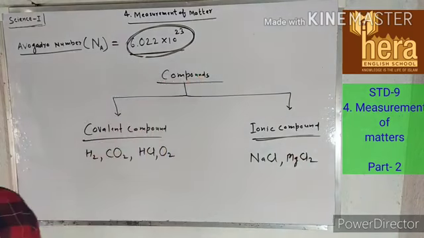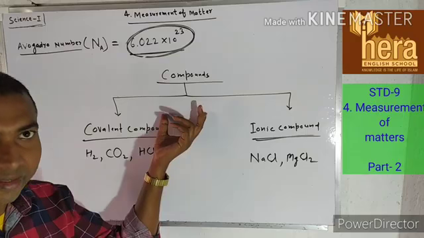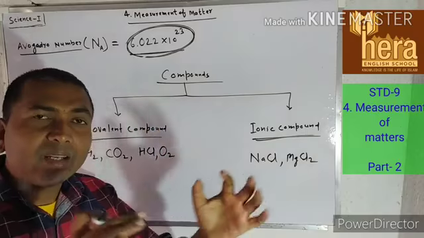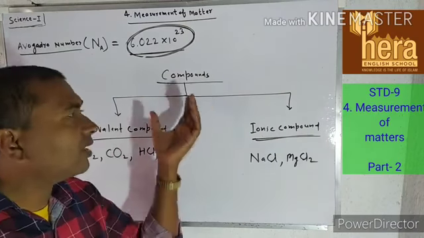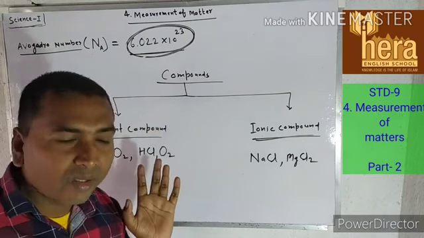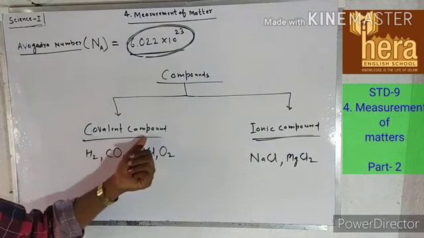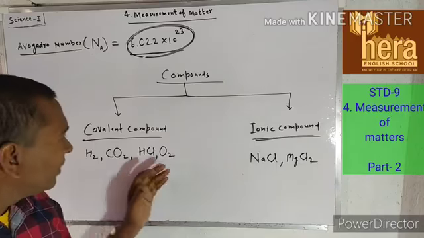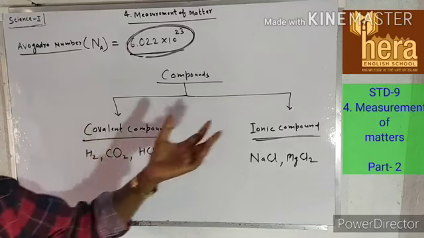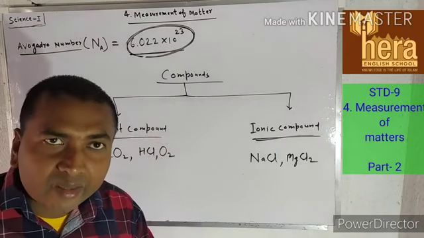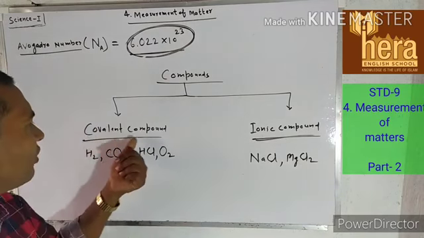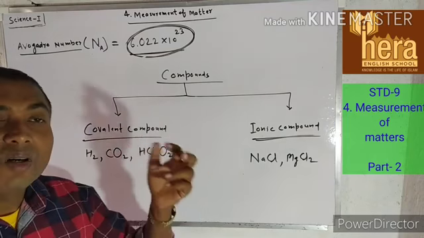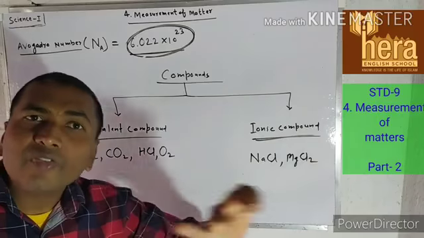So what are compounds? I have already explained. I repeat again: when two or more than two atoms combine in a fixed proportion, then a compound is formed. What do you mean by covalent compound? In covalent compounds, there is a bond formation between two atoms, on the basis of sharing of electrons.